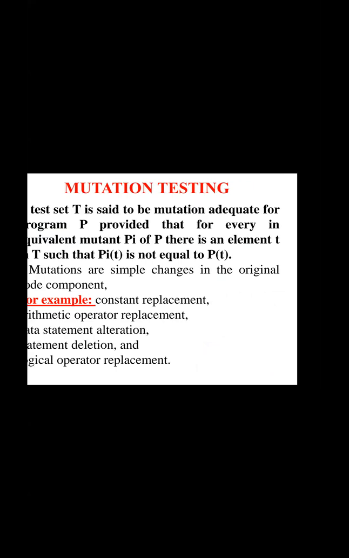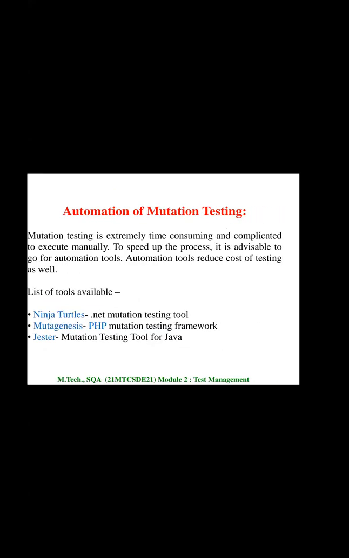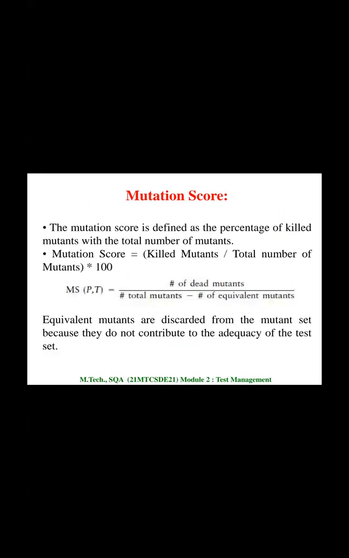By using those parameters, you can evaluate the mutation score. How we are evaluating the mutation score means MS of P, T, where P is the original program, T is the test case, is equal to number of dead mutant divided by total mutant minus number of equivalent mutant.